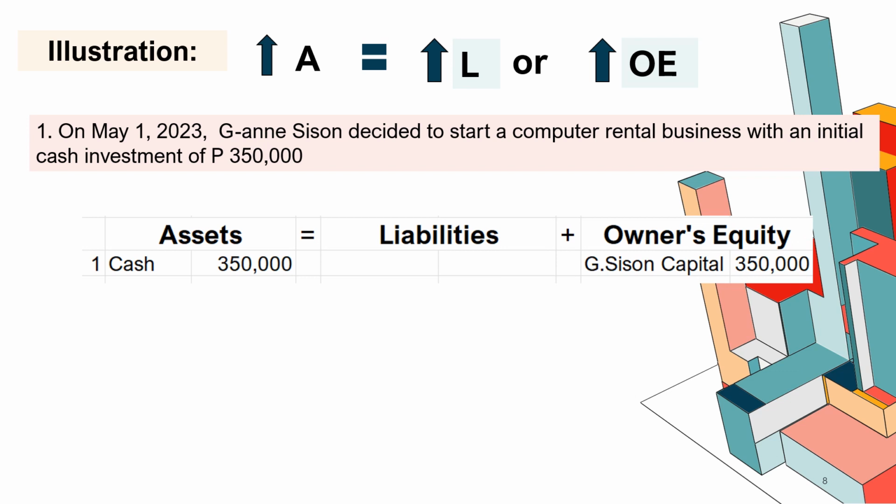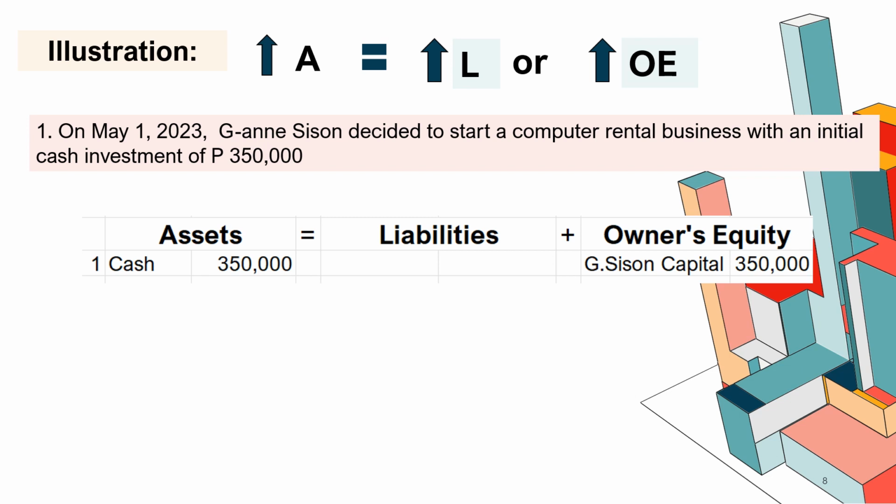So under the assets column, we have 350,000 cash investment, and we use the account title cash for that. But you will learn more of the account titles later on. What we are focusing on now is the accounting equation that assets is equal to liabilities plus owner's equity.